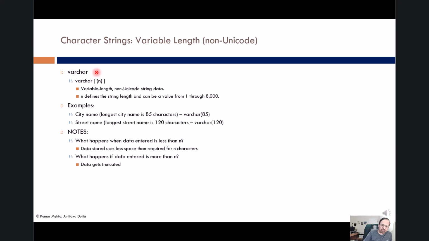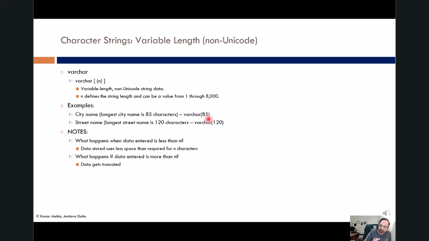As an example, all cities don't have the same name. I have an entity called city, and one of the attributes of city is the name of the city. When I'm translating from the logical entity relationship diagram to the physical model, I tell the system that this attribute called city name is varchar 85, variable character 85.